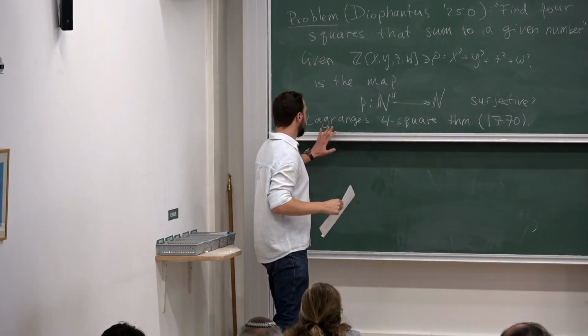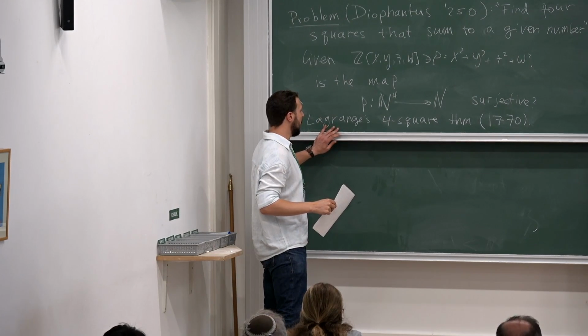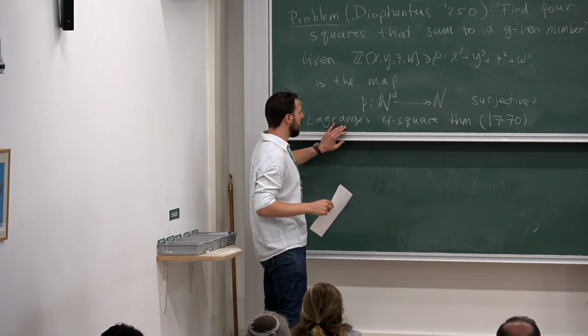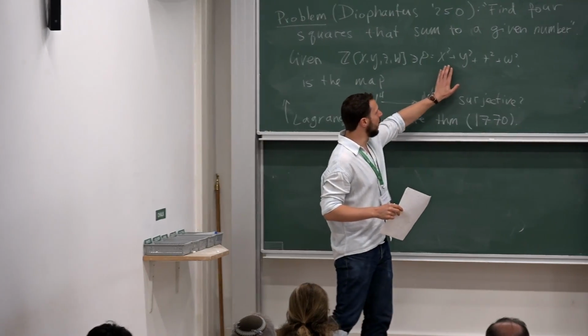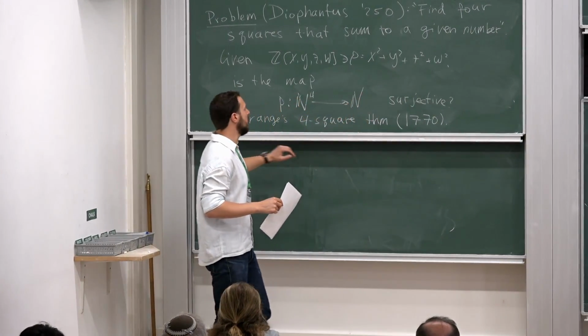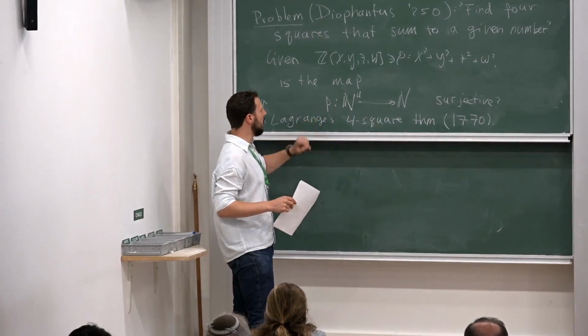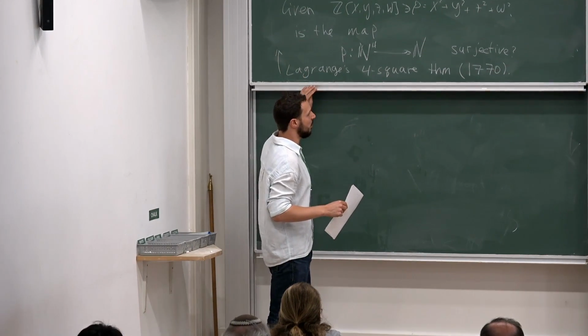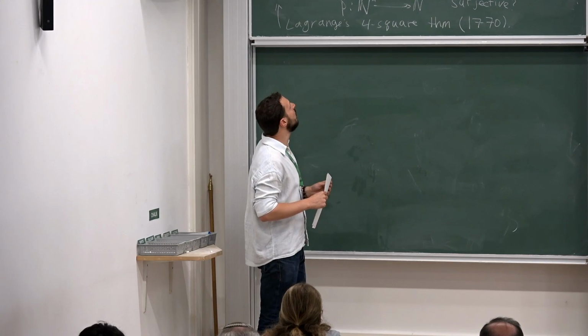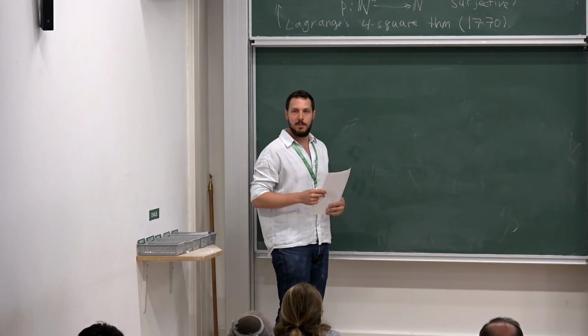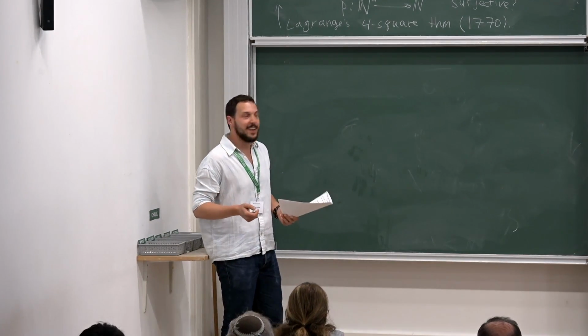And I should also say that this was later generalized in the early 20th century by Hilbert to powers greater than 2. There we might need to take a sum of more than just 4 powers, but these maps are always surjective. Excuse me? Does N contain 0? Yes.